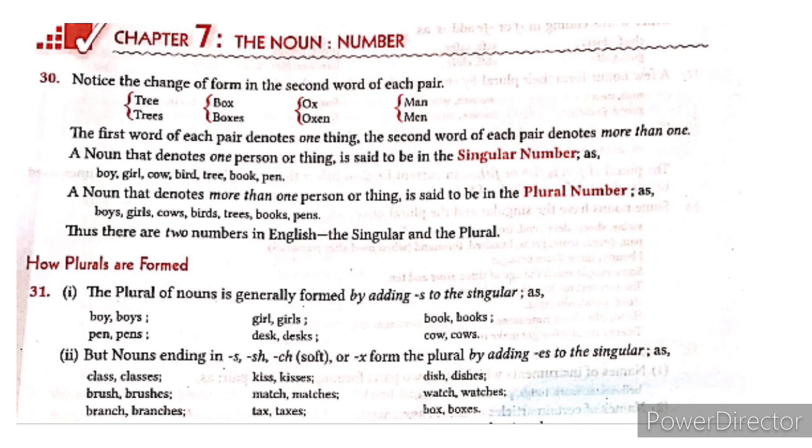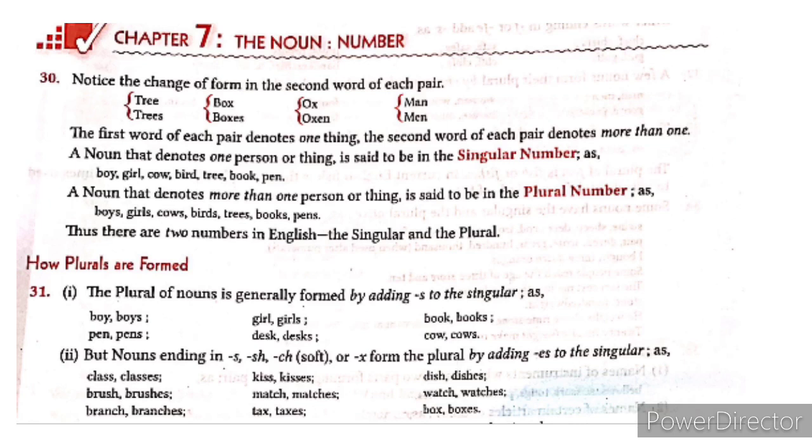Second, we add es to the singular noun. For example, if there is any noun which is ending with s or sh or ch, what we do, we add es to those nouns.